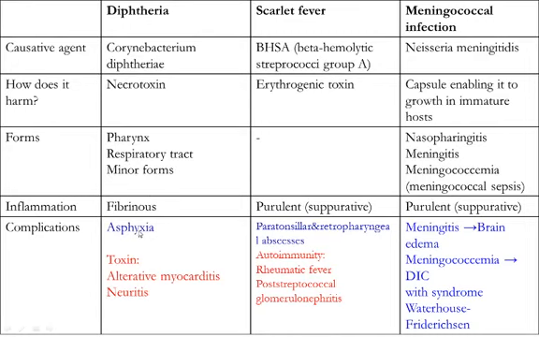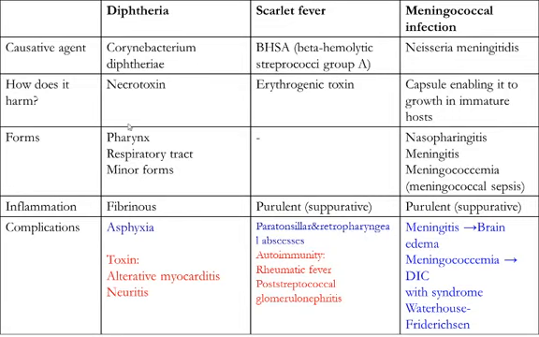Inflammation is fibrinous, croupous in the respiratory tract, and diphtheritic in the pharynx. Complications are asphyxia. Why? Because these films, these membranes might occlude the lumen of the respiratory tract. So they suffocate.